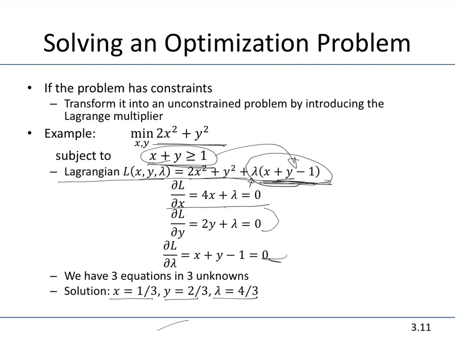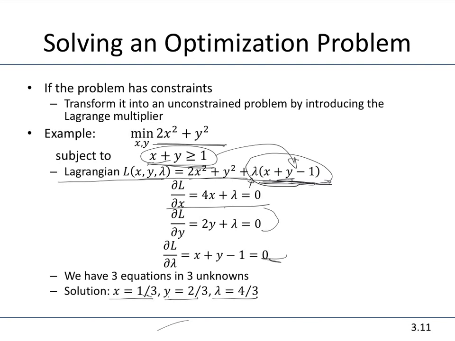Why? Because if you add x to y, this will give 1, which means that the constraint is fulfilled. Right? So x plus y, 1/3 plus 2/3 is 1. So 1 minus 1 is 0. So the constraint is fulfilled at the 0, so lambda is allowed to be anything now. Okay.